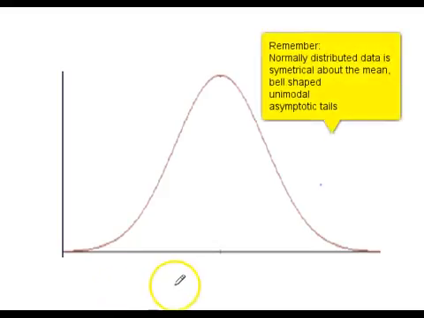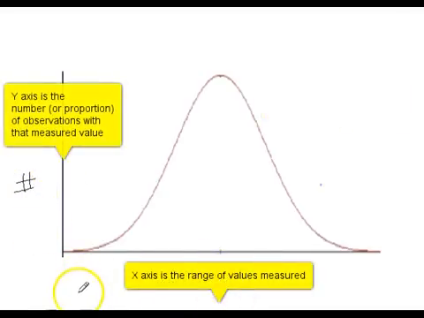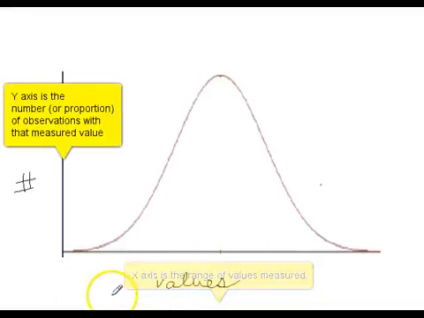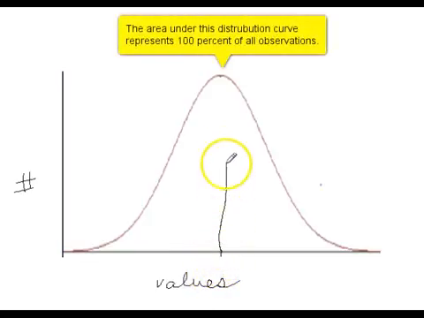Let's break this down. Imagine this is a normally distributed sample that you've collected. And on the x-axis you have your values, and on the y-axis you have your number of observations. And this is what we've been working with so far when we're assessing the distribution of our data. Well, to convert this to probabilities, we really have to think of this in terms of the full population, where we know that our population has a mean, and we're assuming that our sample approximates that mean.